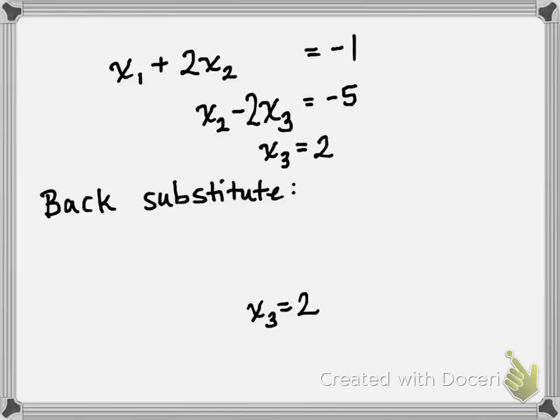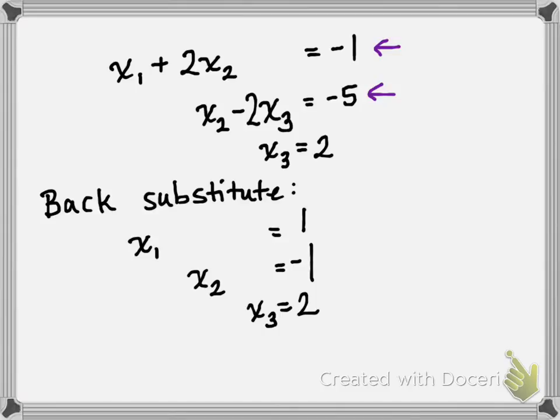Putting x3 equals 2 into the second equation, I get x2 minus 4 equals -5, which tells me x2 equals -1. Now that I know x2 equals -1, I can input the values of x2 and x3 into the first equation and get x1 minus 2 equals -1, and so x1 equals 1.